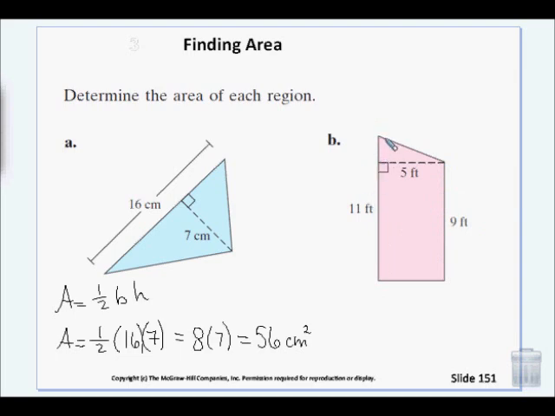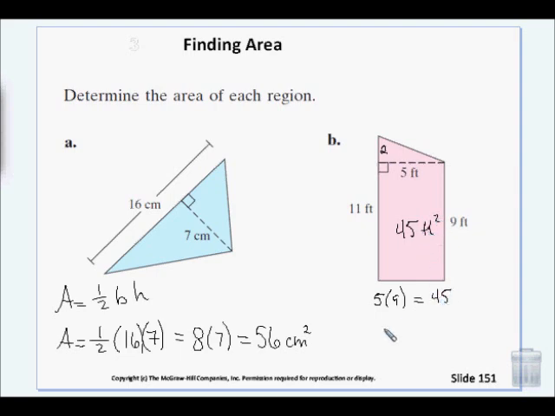So I'm going to take that 11 and subtract the 9 from it. So this little part right here is 2 feet. Okay. So now for my rectangle, I have 5 times 9. So that's 45 square feet.